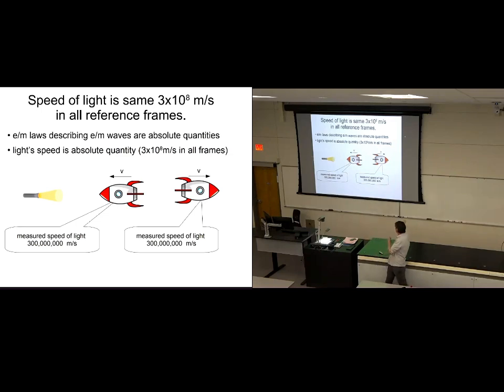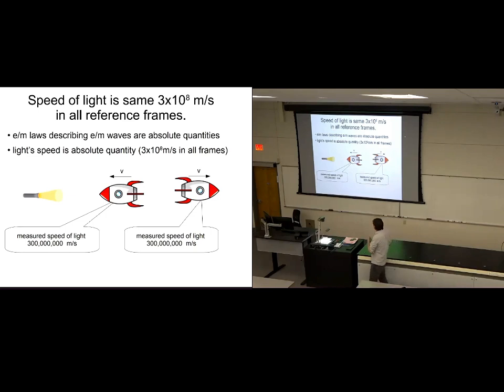If this spaceship also was able to travel at 99% of the speed of light away from the flashlight, what would it measure the light traveling at? It would also measure the light traveling at the speed of light, 3 times 10 to the 8 meters per second. So this is very peculiar.